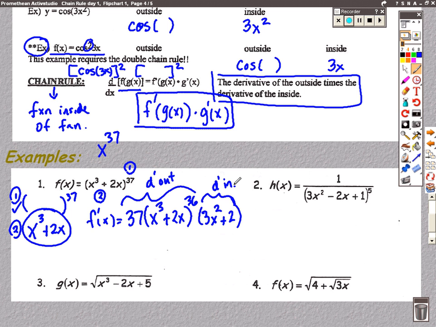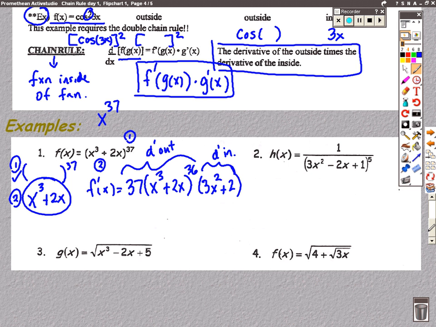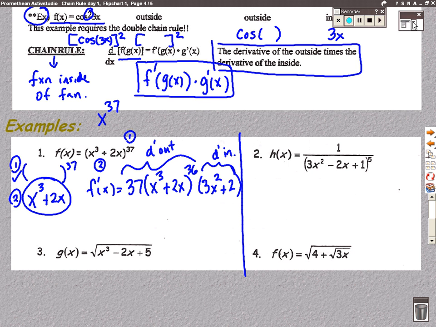Okay, let's take a look at number 2. Before we do problem number 2, we're going to have to apply a little bit of algebra to this. And let me get some space here and just change colors. First, I'm going to rewrite this function as, I'm going to bring the expression out of the denominator and into the numerator.